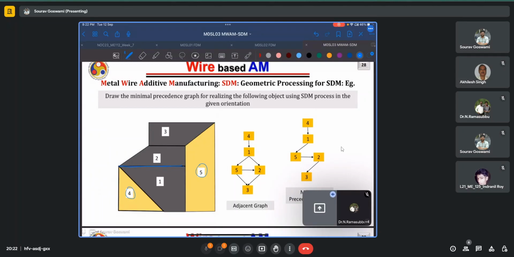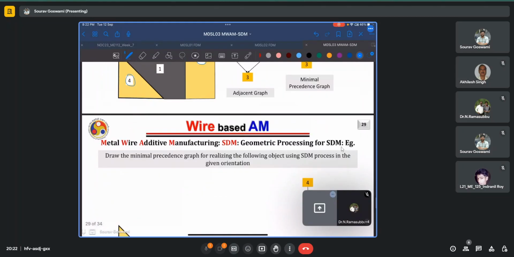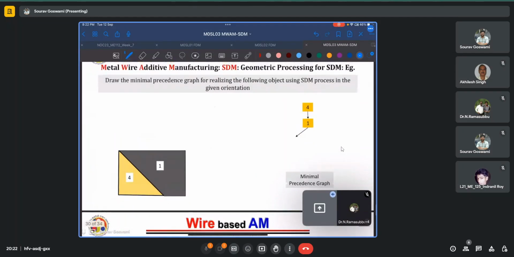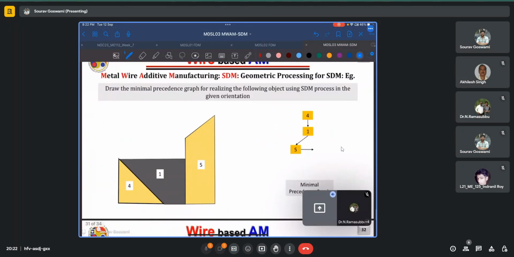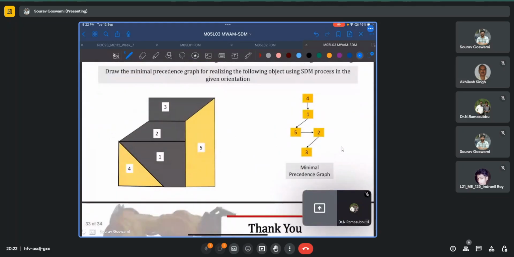Similarly here, the overhang was introduced for component 3, so here is another slicing plane. And once the components are identified, we draw the adjacency graph and the minimal precedence graph, and then go on to deposit the material. So we start with 4, then deposit 1, then 5, 2, and finally our build is completed by depositing part 3.